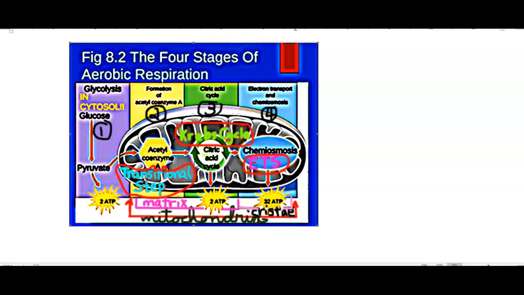All 3 of these first steps are going to be making electron carriers, and all the electron carriers go to the electron transport system, where chemiosmosis is involved in making the ATPs. So let's look at this again. Look at the ATPs. Glycolysis makes 2 ATPs.